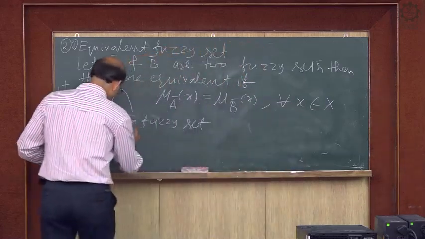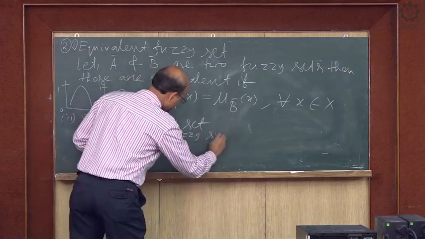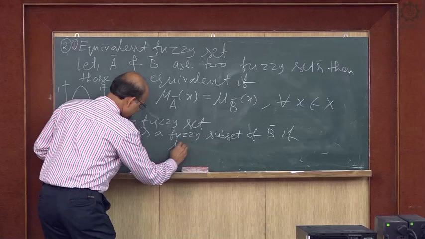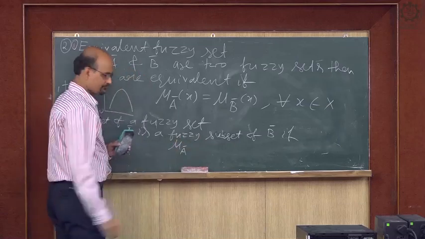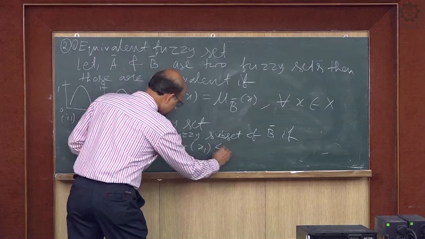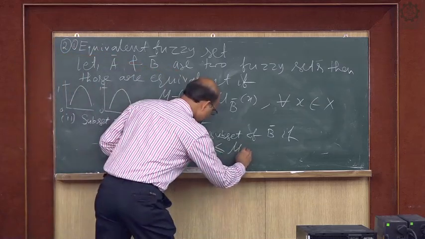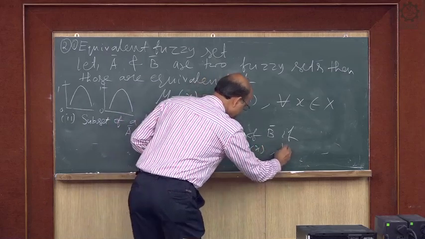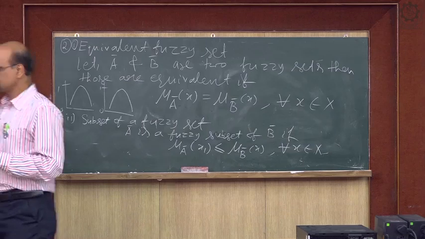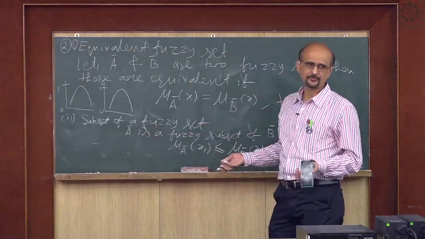So, A bar is a fuzzy subset of B bar if mu A bar x is less than or equal to mu B bar x, again for all x belonging to X. So, if you can find this, then A bar is a subset of B.